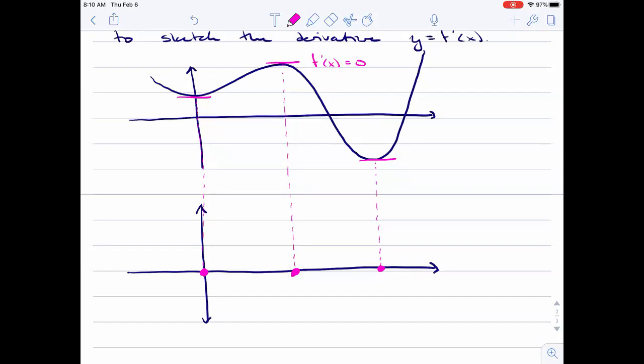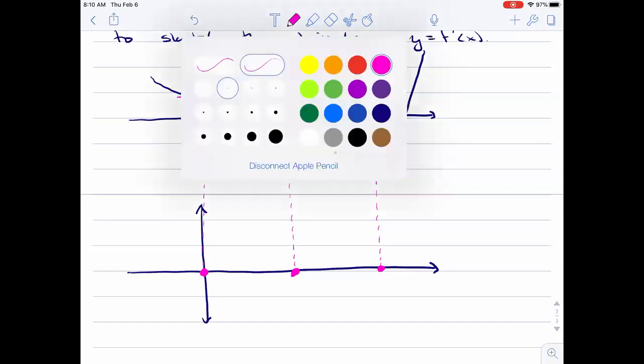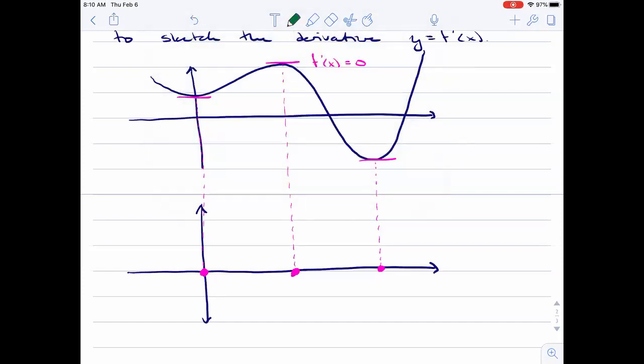So I'll use a different color here, like green, and say, okay, I've got downward slope here, so negative slope here, positive slope here between those points, and then all negative down here to the next point, and then it's all positive slopes.